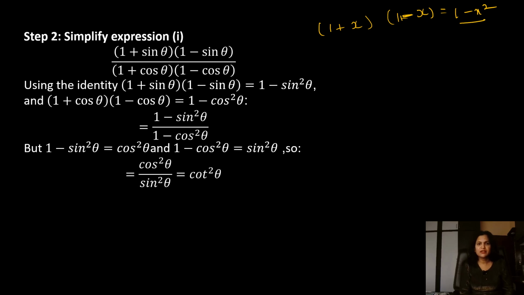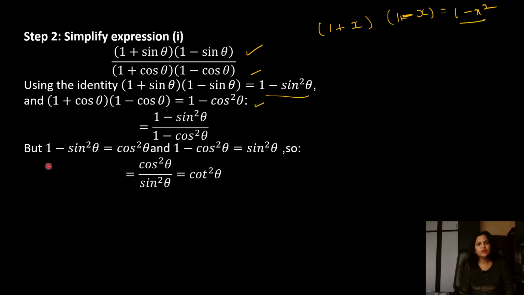Using this formula we get 1 minus sine square theta. Using the same formula, (1 plus cos theta)(1 minus cos theta) equals 1 minus cos square theta. So this becomes 1 minus sine square theta divided by 1 minus cos square theta.